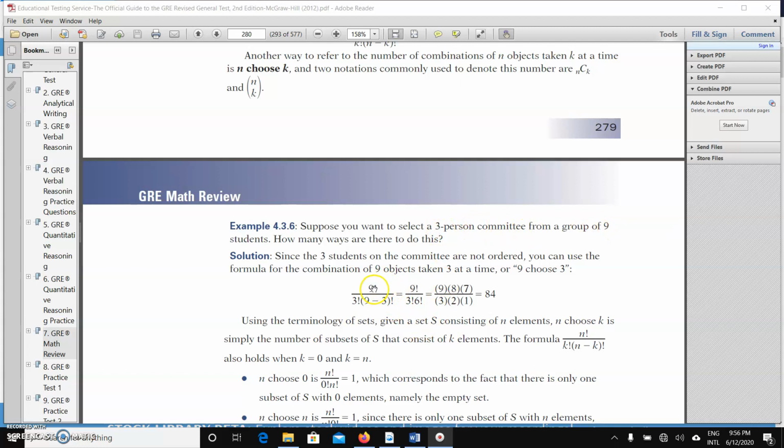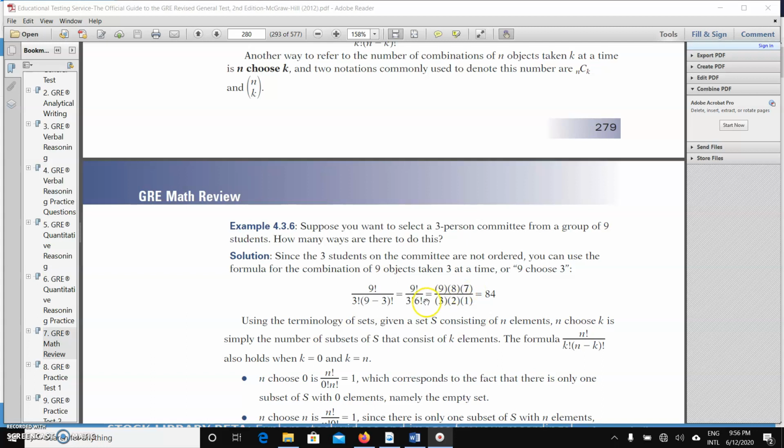So when you use that, n factorial will be 9 factorial, k here is 3 factorial times 9 minus 3 factorial. Then we do it. You have 9 factorial, 3 factorial, and 9 minus 3 is 6, so that will be 6 factorial. You understand factorial?